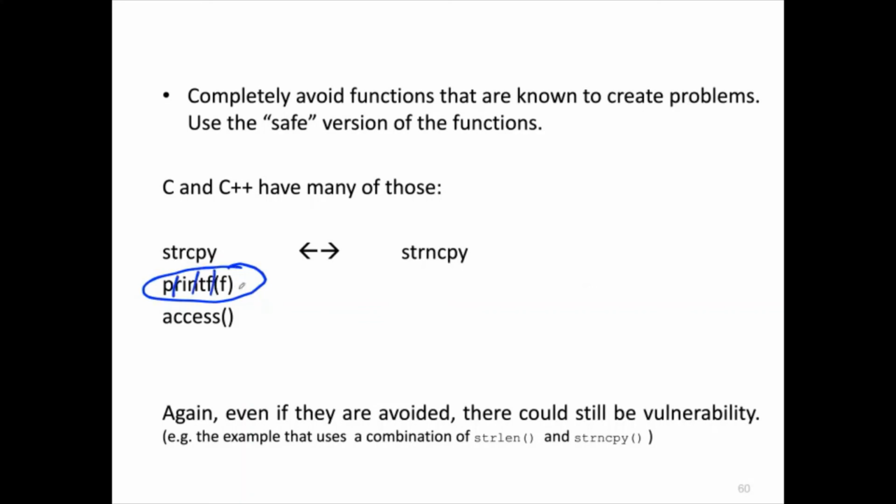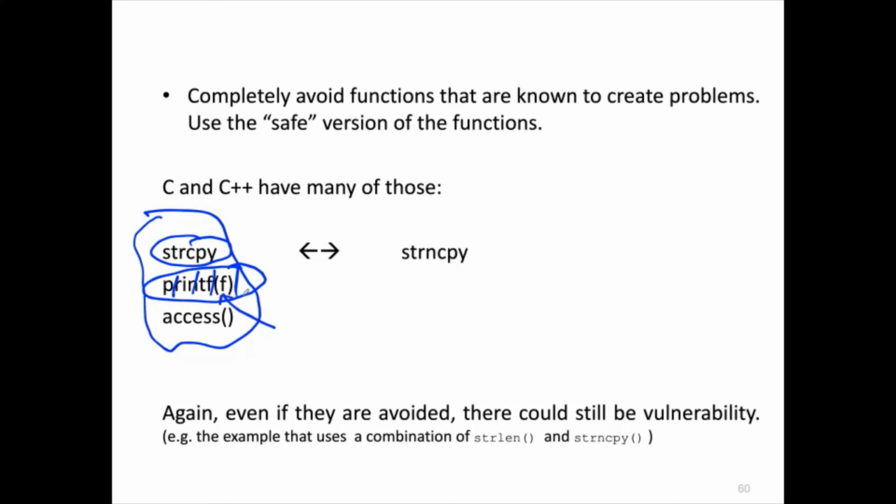These are so-called unsafe functions, which have to be avoided at all costs. For strcpy, try to use strncpy, and try to avoid printf where the format string is a variable that can be supplied by the user.